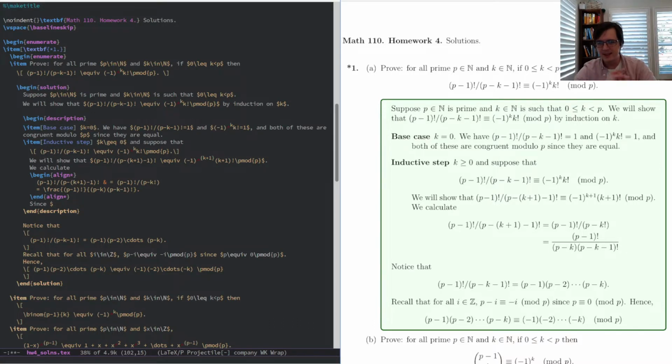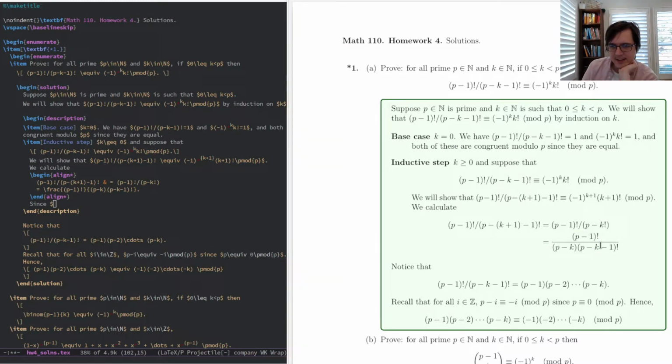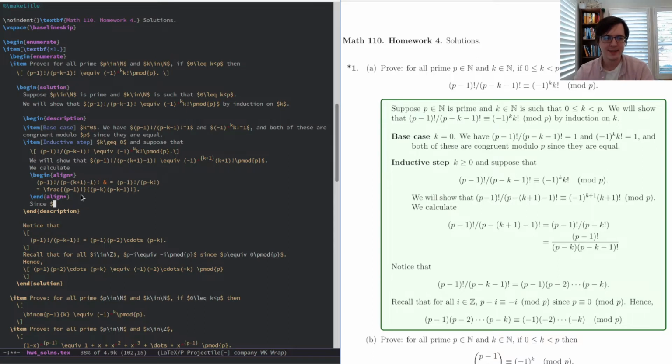So there are a couple of things I could do. One thing is, what I want to do is pop this p minus k out in front, and then use the result for the second part. Yeah, I'll just do it and we'll see.